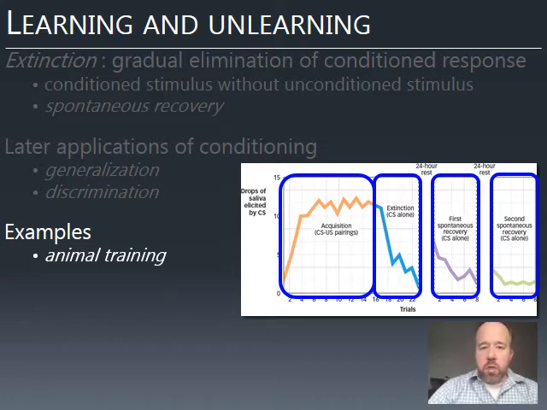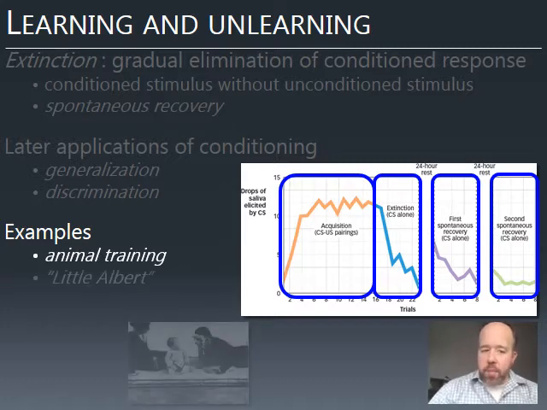And so what many trainers will do is pair a neutral stimulus, like a little click sound, with either a reward or a punishment. And after a few pairings, the dog will actually start responding to the click by itself and no longer needs the treat or the punishment to use the click as a signal that it's given a good or a bad behavior. So animal training conditioning is used a lot.